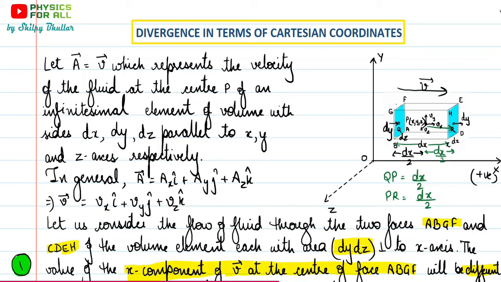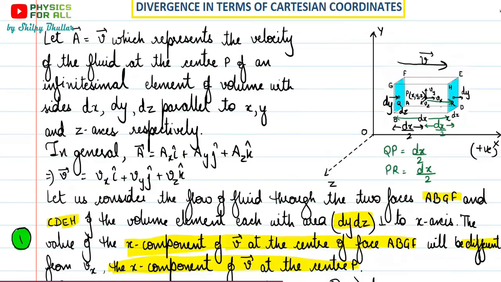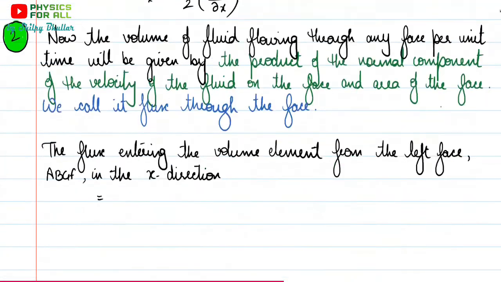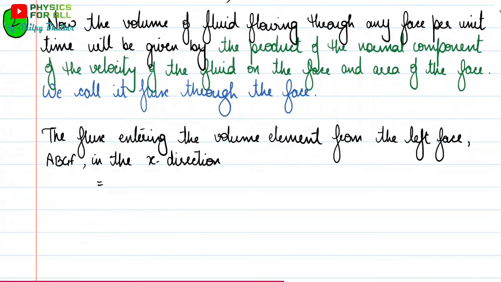We already know the area of ABGF and CDHE. dy dz is the area, and we already know the change along the x-axis. So simply we have to multiply all these three and we will get our volume element. The flux entering the volume element through ABGF in the x direction is given by the product of the normal component of velocity of fluid on the face and the area of the face.